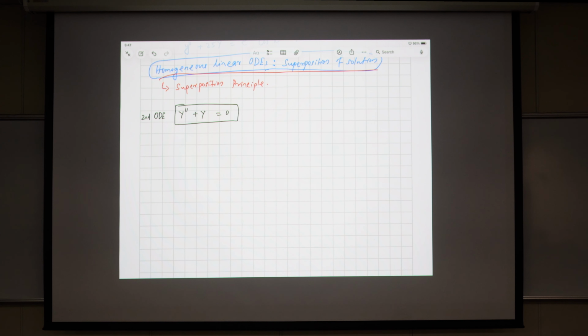Of course, it is a linear ODE, a linear homogeneous ODE. So, can you tell me what is the solution to this ODE? What is the solution of this ODE? Solution means what? The y. What is the y of this ODE?